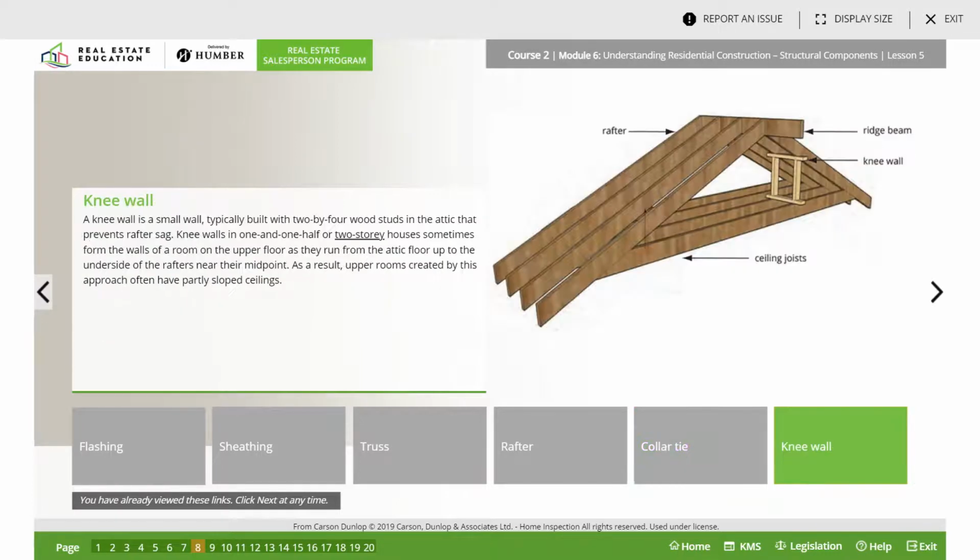A knee wall is a small wall typically built with 2x4 wood studs in the attic that prevents rafter sag. Knee walls in a 1.5-story or 2-story house sometimes form the walls of a room on the upper floor as they run from the attic floor up to the underside of the rafter near their midpoint.